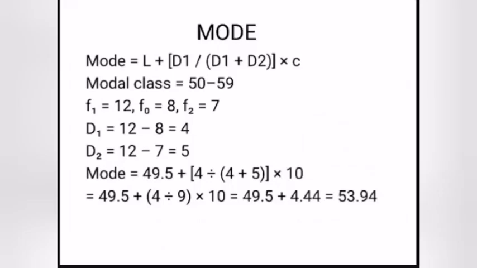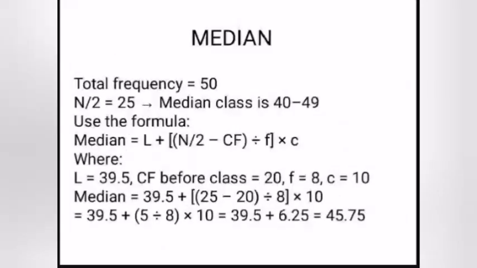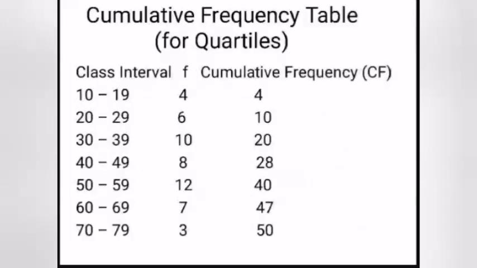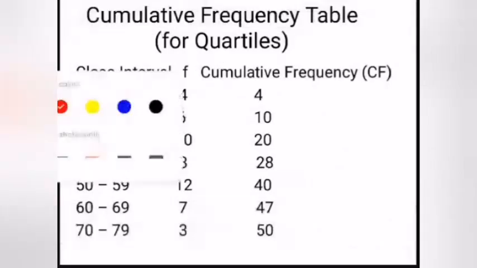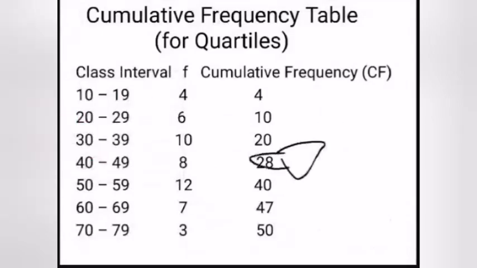So we have already found out that n divided by 2, that's 50 divided by 2, is 25. So to get the median class, you go to your cumulative frequency table and you find out the number that 25 falls into. And the number that 25 falls into is this 28.